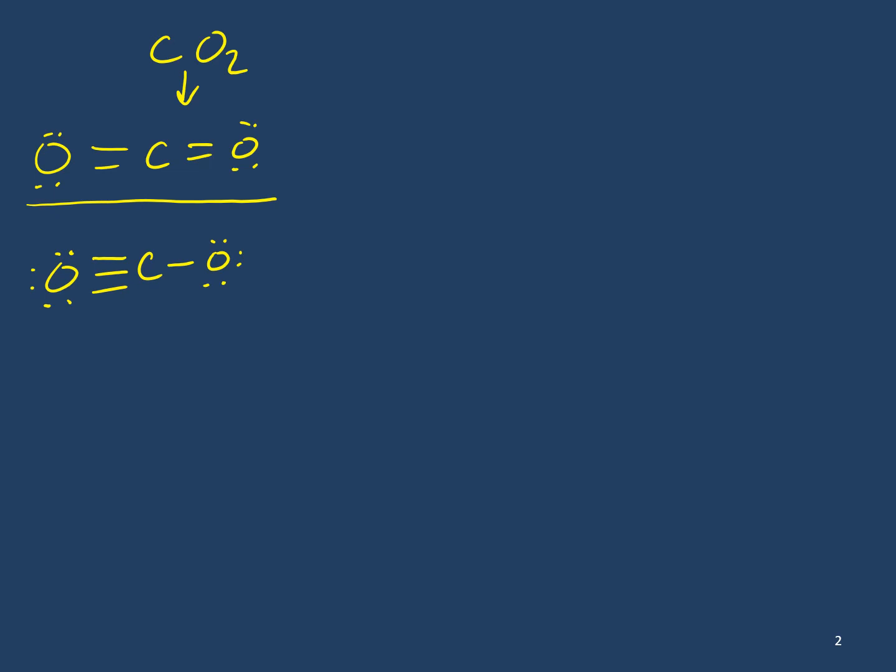If we look at calculating some formal charges here, this formal charge, remember, is equal to valence electrons. Well, oxygen has 6 valence electrons. Minus, again, you can do lone pairs. Well, there are 4 lone pairs around this oxygen atom in this structure, minus half the bonding electrons.